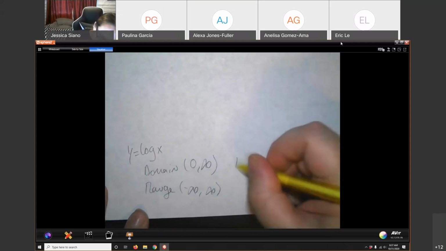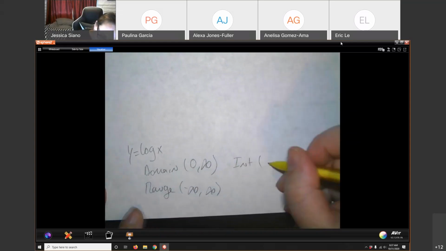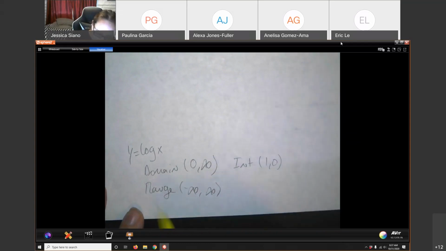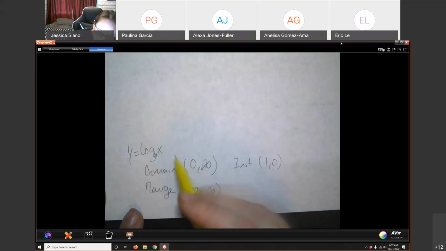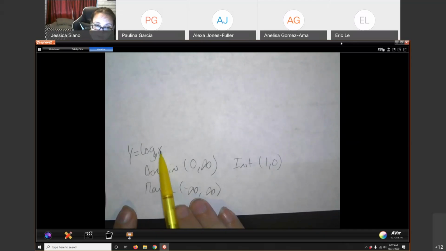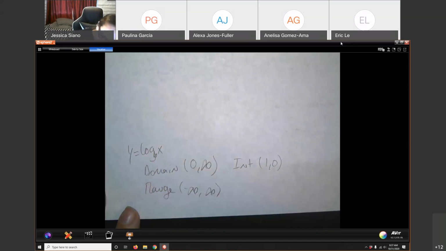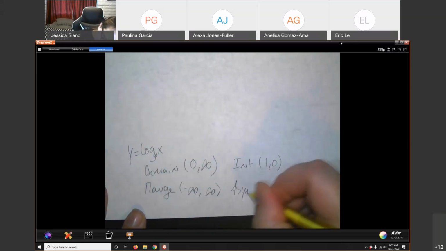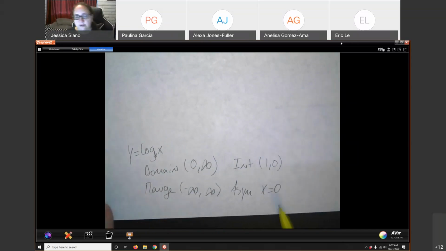It has an intercept at 1, 0. Because again, if I put a 1 here, it doesn't matter what the base is. Any base to the 0 power is 1. So if there's a 1 here, there should be a 0 here. If there's a 0 here, there should be a 1 here. And then it's got a vertical asymptote at x equals 0.